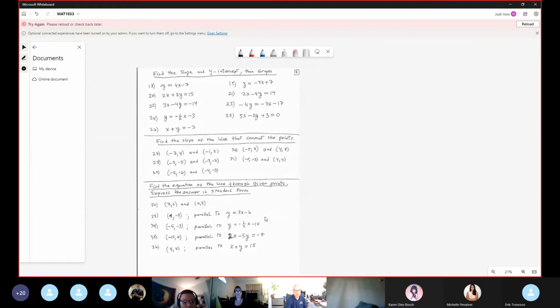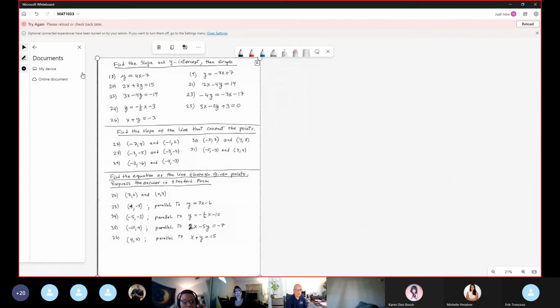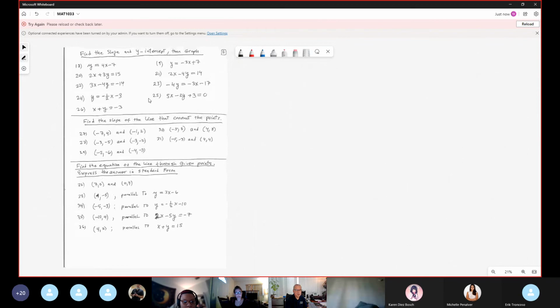of the review. Okay, so now, in these problems, 18, 19, 20, 21, 22, the task is to find the slope and y-intercept. Sometimes it's nice, like 18 and 19, where the equation is given in slope-intercept form.